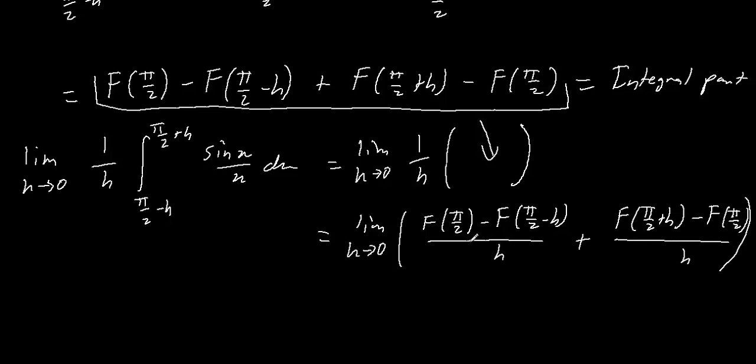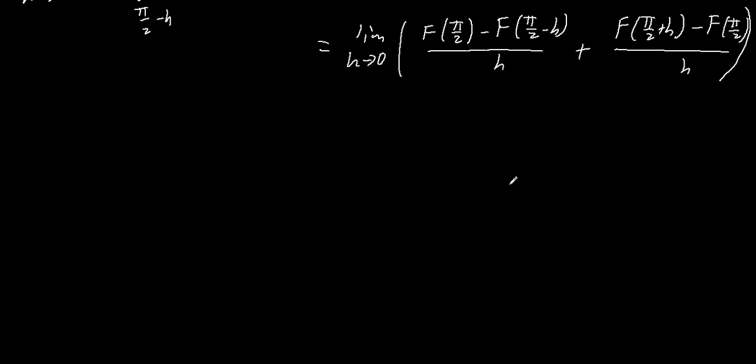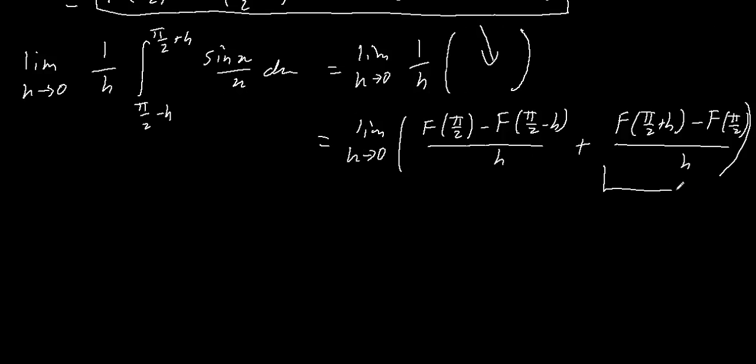Let's just look at this part for now. If I'm taking the limit as h approaches 0 of all of this, it looks oddly like something we've met before. This looks like differentiation from first principles.